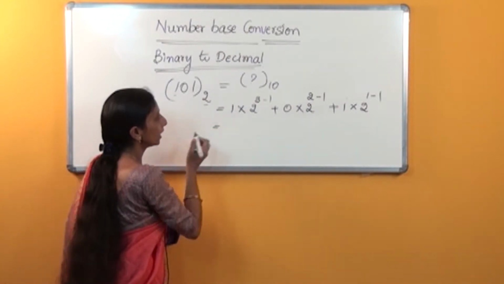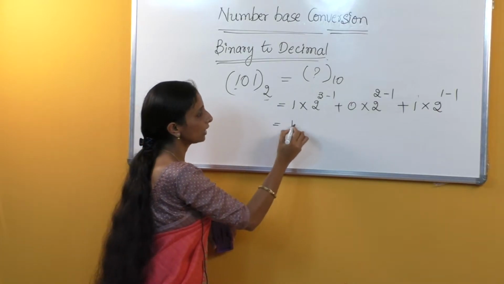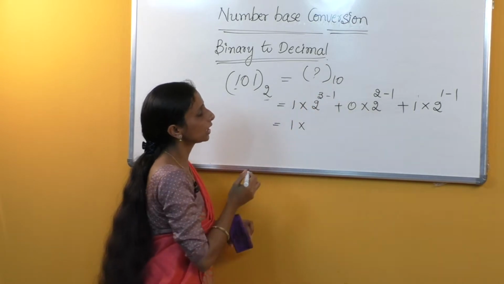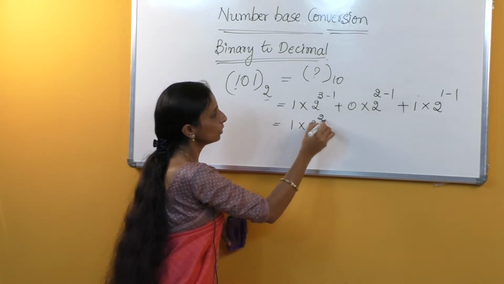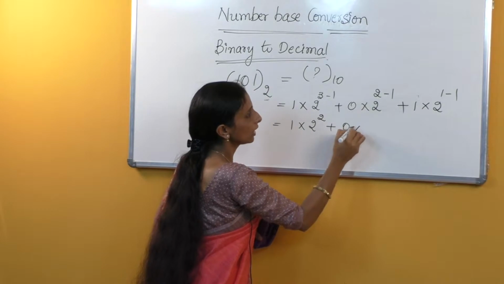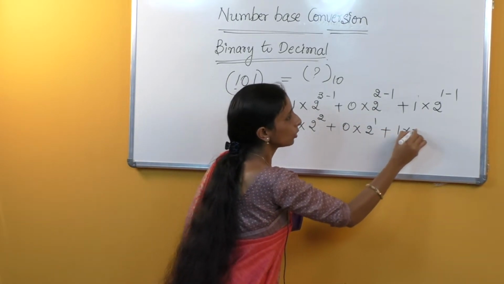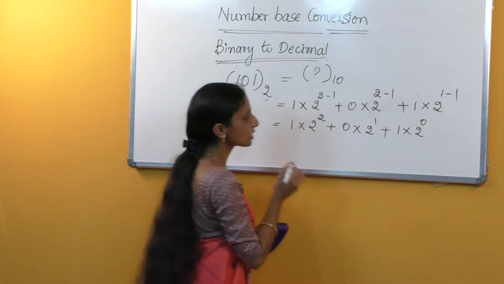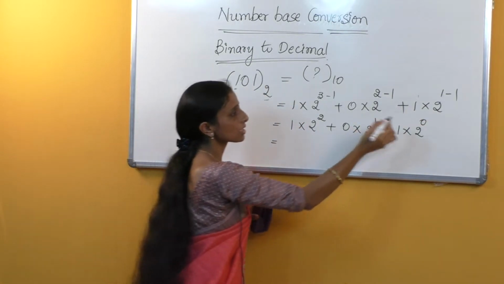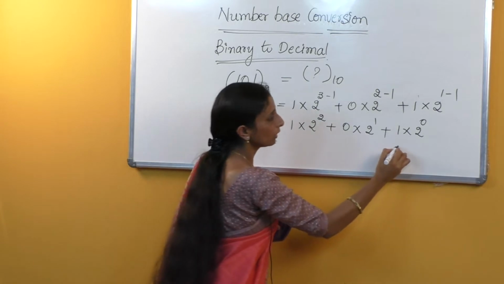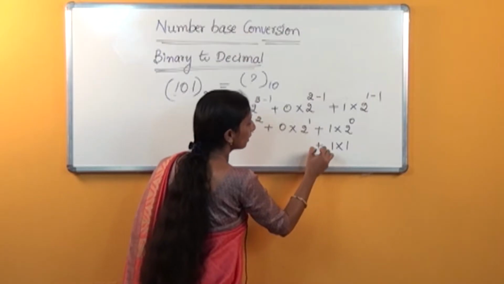When we multiply this, we get 2 to the power 3 minus 1, that is 2 to the power 2, 1 into that. Once again, 1 into 2 to the power 1 minus 1 is 2 to the power 0. We know 2 to the power 0 means 1, so we multiply with 1.